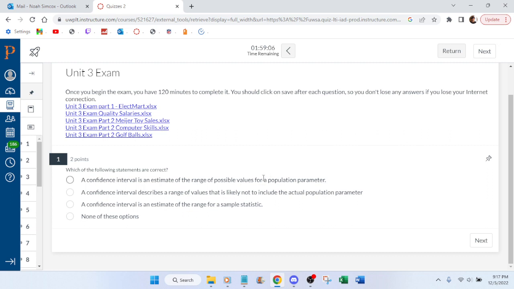I believe this is the answer. Of the range of possible values for a population parameter. So I believe this is correct.